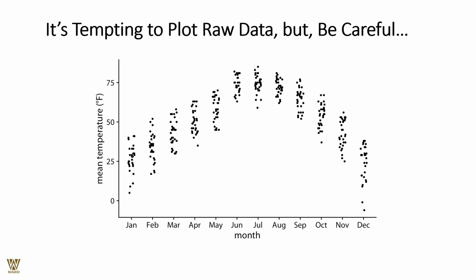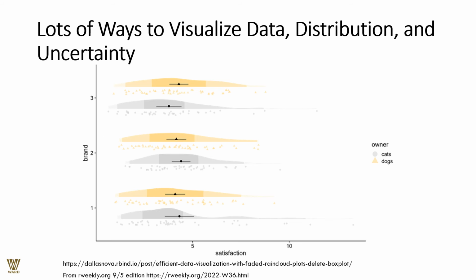Instead of this data, if we had done it in this kind of scenario, similar data would have resulted. But here is the raw data that has been given, and it will give you more or less the same idea that I wanted to convey. So there are a lot of ways to visualize data, a lot of ways to visualize distribution, and a lot of ways to understand uncertainty. Here is a replication where on the y-axis we have plotted the brand, and on the x-axis we have plotted the satisfaction, and that is what we are looking at. Now, for what kind of brand and satisfaction?